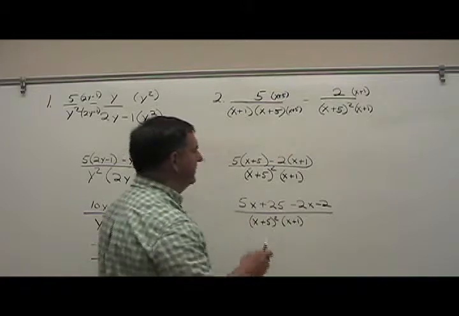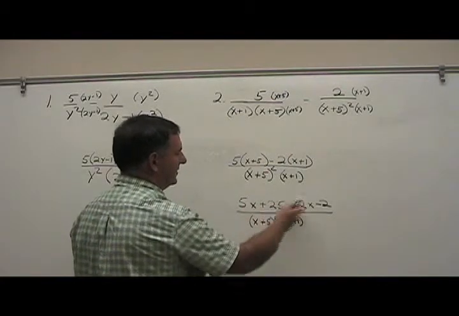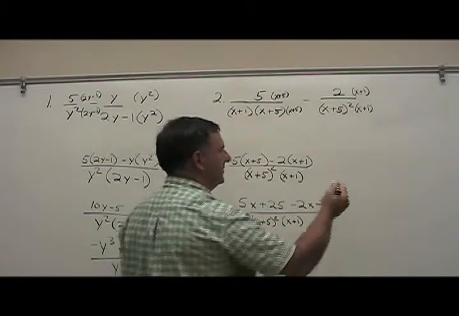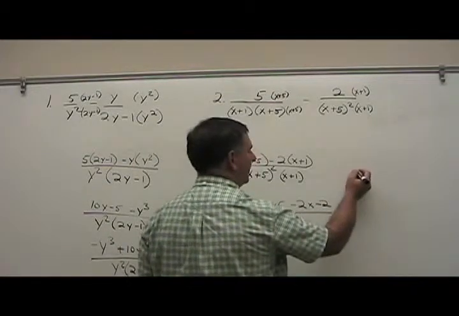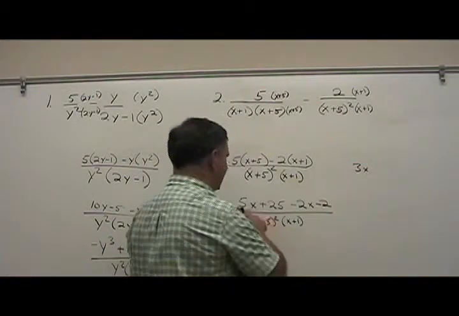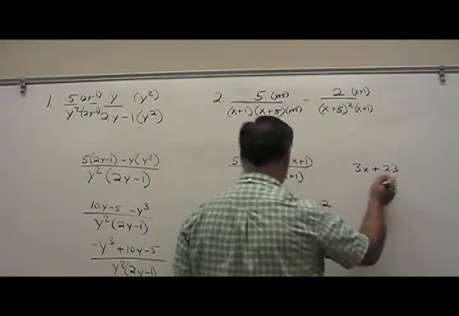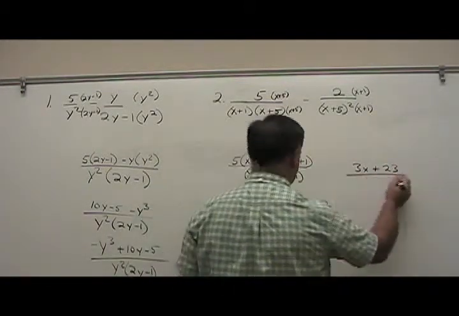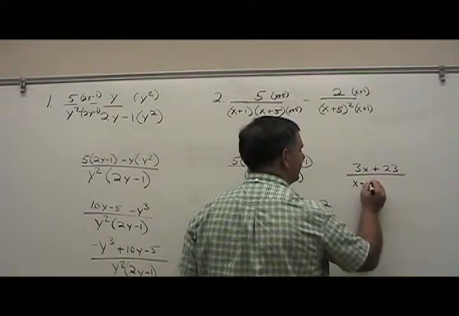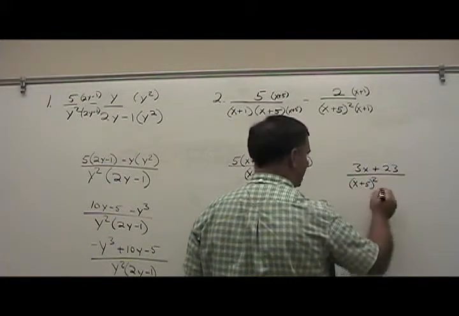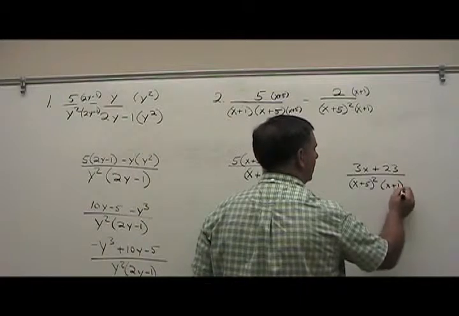The last thing we'll do here is collect all of our like terms in our numerator. So we'll end up with 3x, the 5 minus the 2, plus 23, when we have 25 minus the 2, divided by x plus 5, quantity squared, times x plus 1.